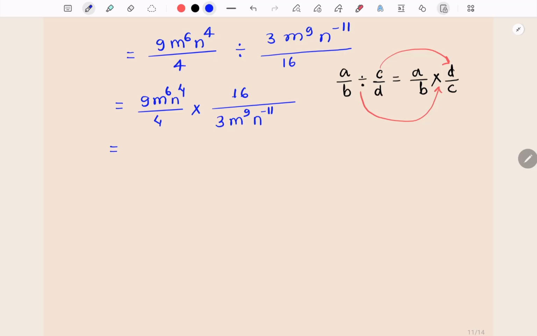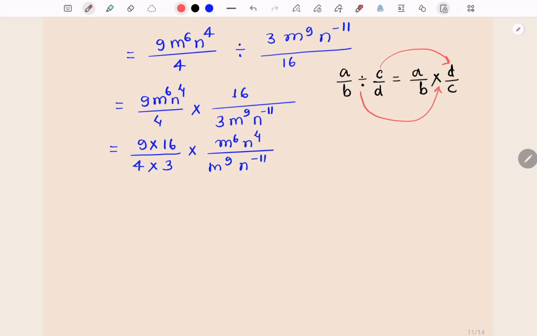Now let me put all the constant terms together, all the numbers together. So I will have 9 multiplied by 16 over 4 multiplied by 3, and then I have m raised to the power 6 n raised to the power 4 over m raised to the power 9 and n raised to the power negative 11.